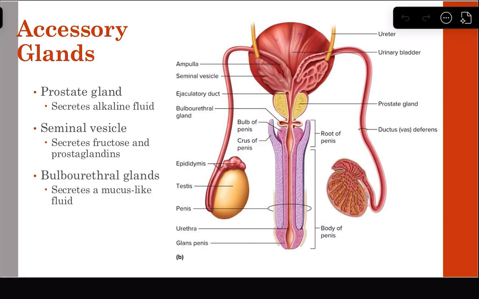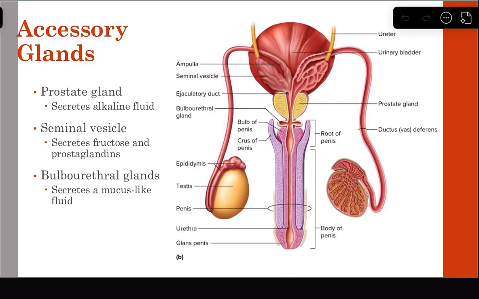You can see those ureters emptying in, and that vas deferens is going to widen at its terminus into an ampulla. The ampulla is going to dump into this ejaculatory duct, and then it's going to travel throughout the remainder of the urethra.